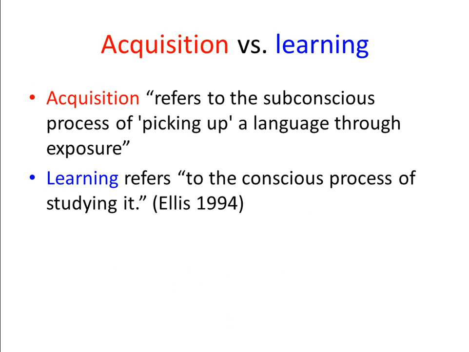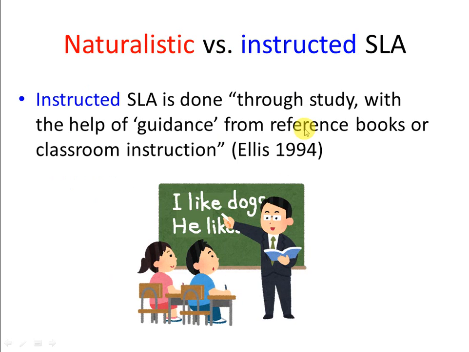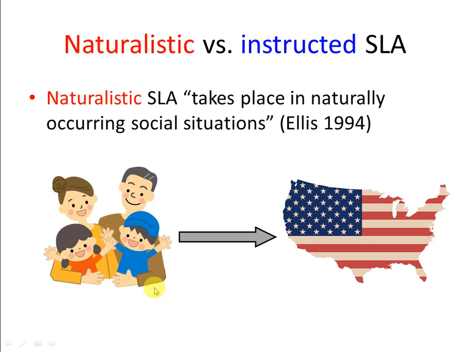So for example, here we have the word subconscious. So these children who move to the US, they will pick up English subconsciously, so they don't really think consciously that they are learning English. So they naturally acquire English, maybe through playing with the other kids or talking with the other kids.